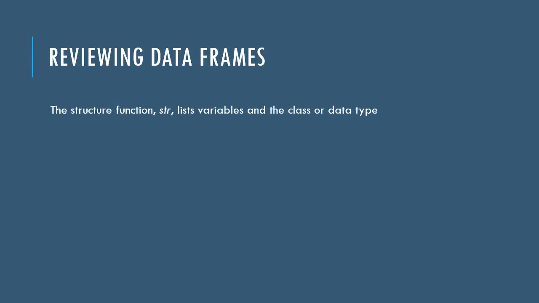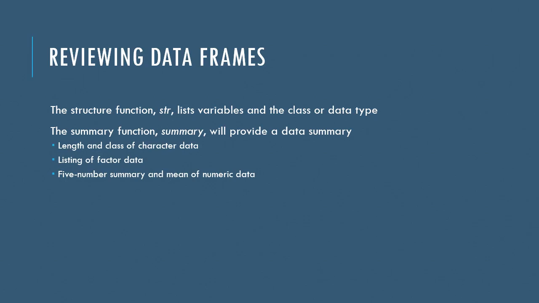So when we review data frames, we can use the structure function to list the variables and the class or data type. The summary function will provide a data summary. It provides a length and class of character data. It lists factor data, and it gives the 5-number summary and mean of numeric data.